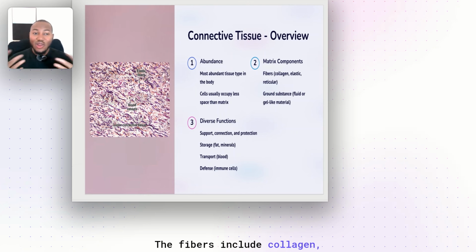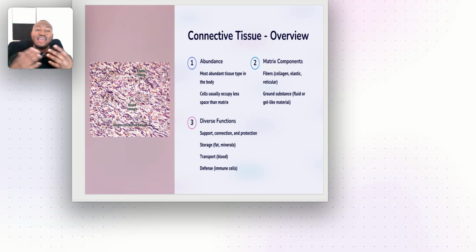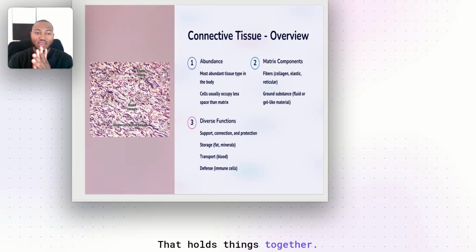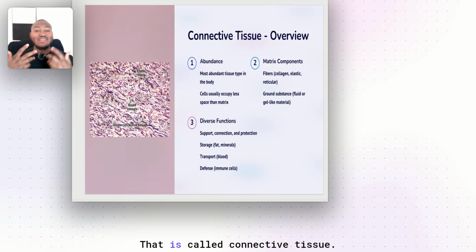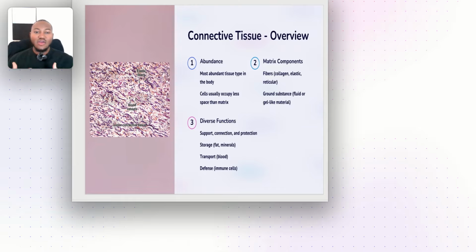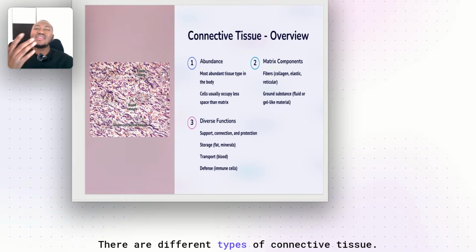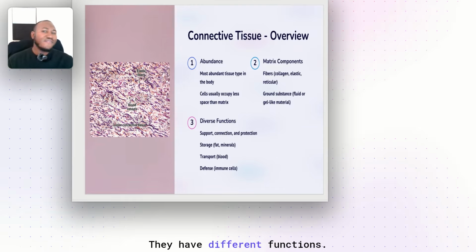The fibers include collagen, elastic, and reticular. I'm not going too deep into it. The ground substance is a fluid-like, gel-like substance that holds things together. So in the matrix, you see a lot of abundant cells in it. That is called connective tissue, right? What is their function? There are different types of connective tissue. They have different functions.